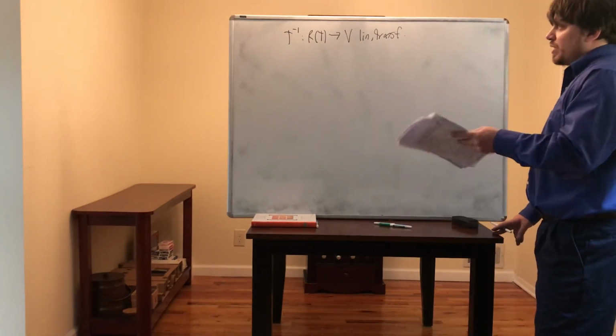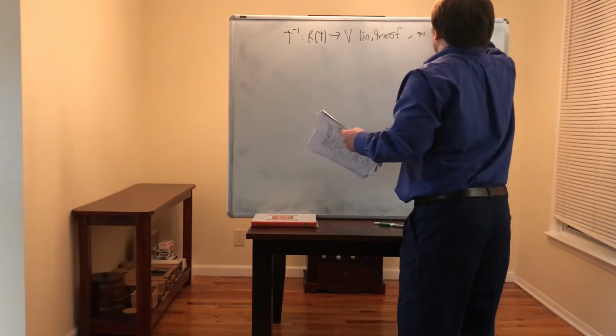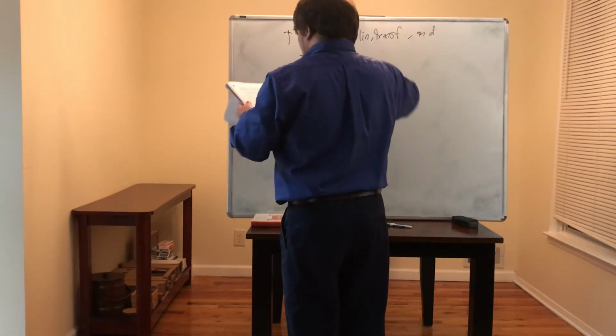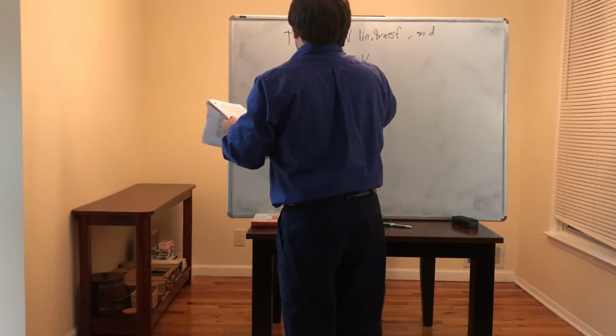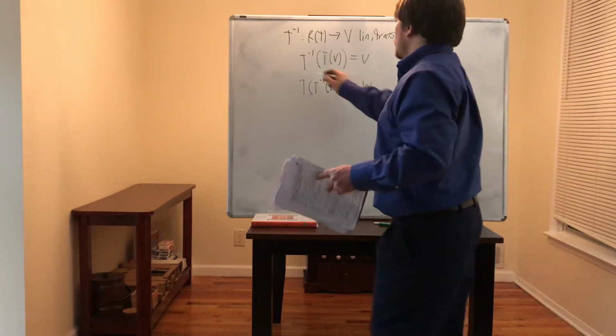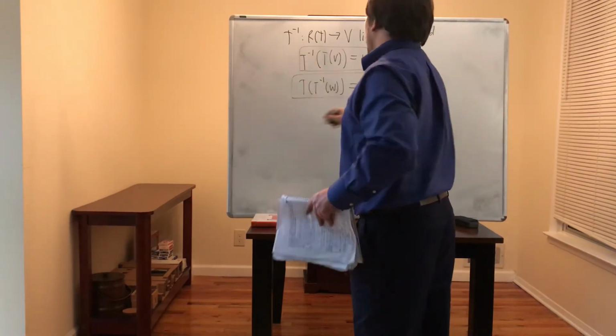So when you find T inverse, it's a linear transformation. And T inverse of T of V is equal to V. And T of T inverse of W is equal to W. And so this is equation 4 in this section, and this is equation 5.